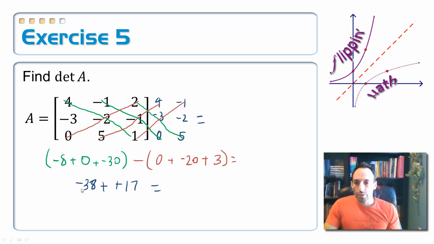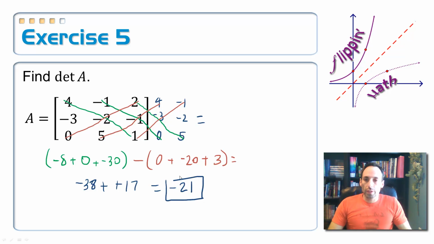And then -38 plus 17, which is a -21. There we go. So there is the determinant of that 3 by 3 matrix. It's not too involved, but there are some places where you can definitely make some arithmetic errors whenever you're finding the determinant here, because there's so many things to add up and subtract, multiply.